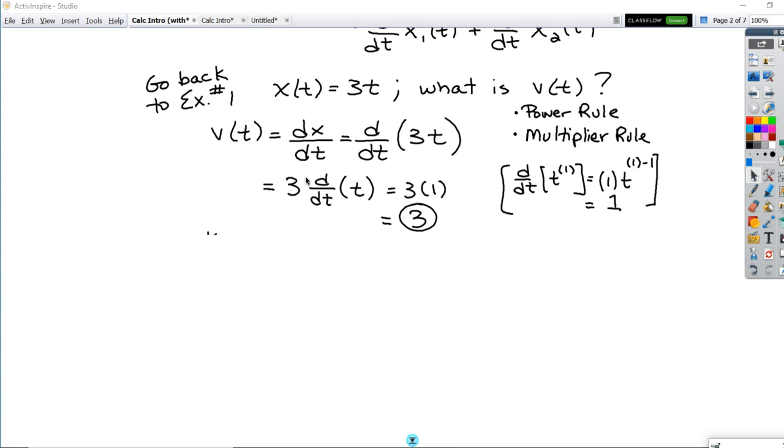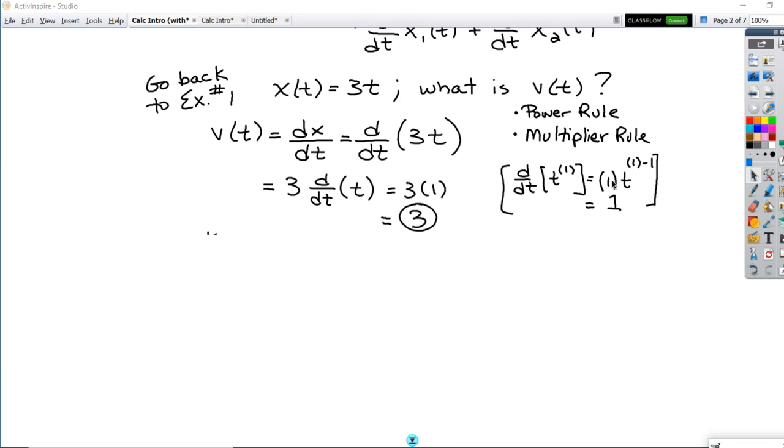So the multiplier rule says, let's take the 3 outside. So let's not worry about the 3 right now. So I put the 3 out front. And so all I have to do is find the derivative of t with respect to time. So the power rule says that if I want to find the derivative of any polynomial function with respect to some given variable, I determine what its power was.